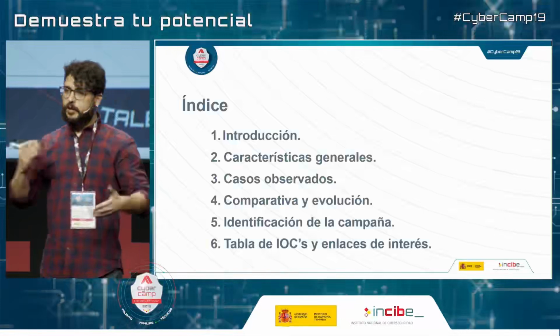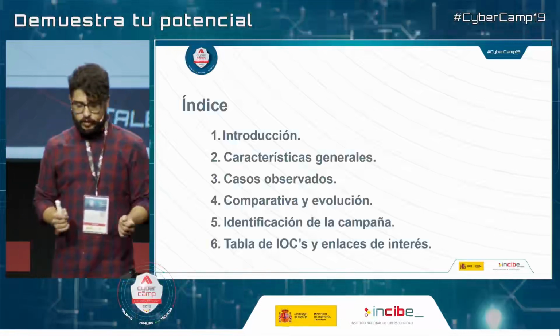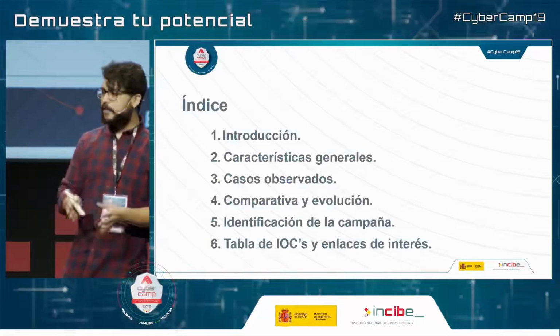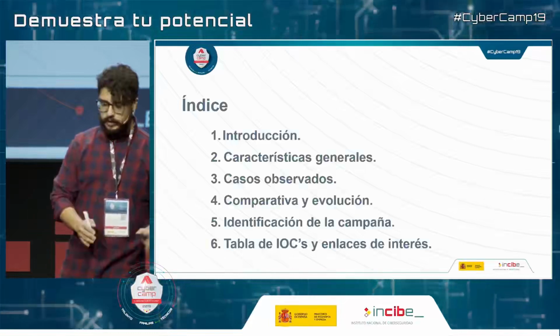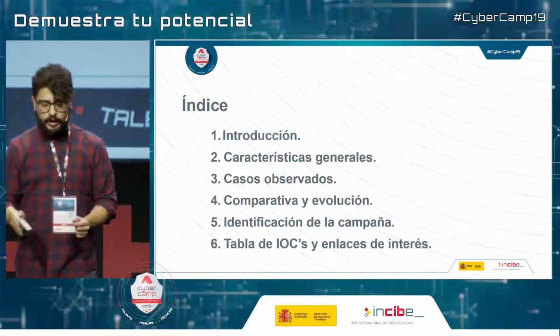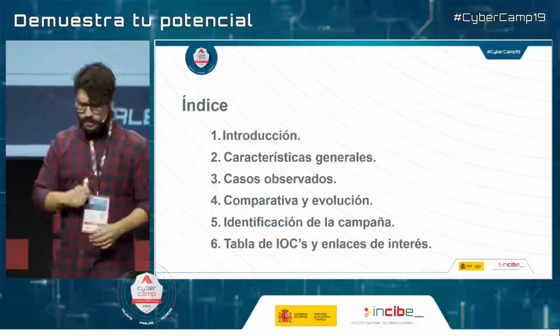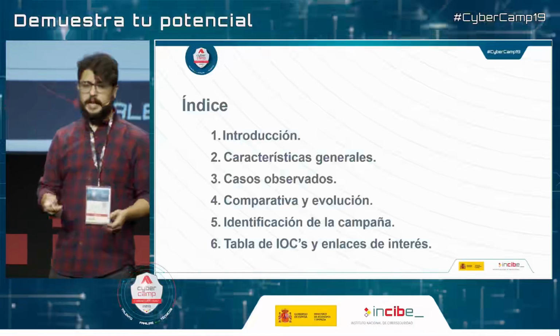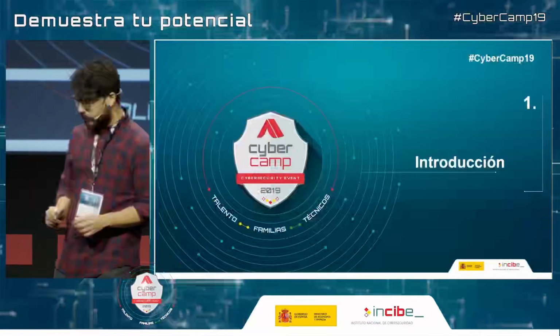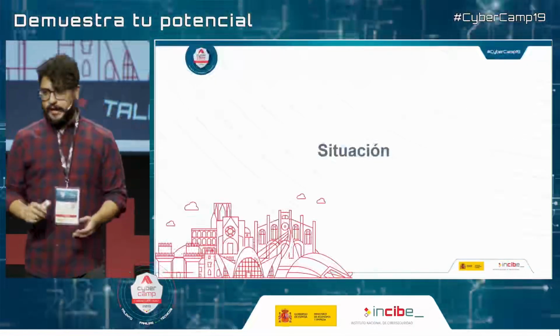Then we are going to compare what has happened since then throughout the campaign. Then we are going to identify the campaign and the main actors. And finally, I'm going to show a compromise identification table and some links of interest in case you want to know more about this.